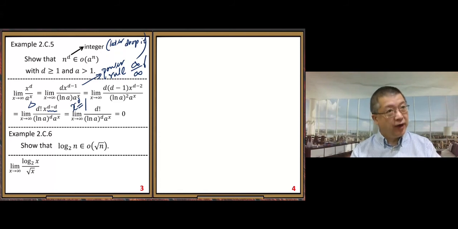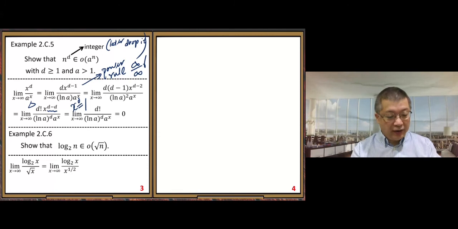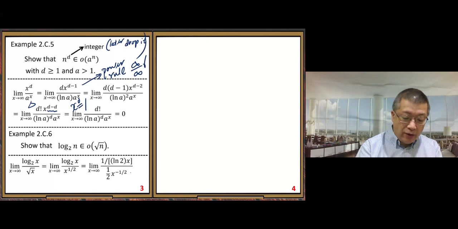Infinity over infinity. Continuous variable x. Then we take the derivative. Yeah. So we write root of x as x to the 1/2 power. Then, after the derivative, the power rule.